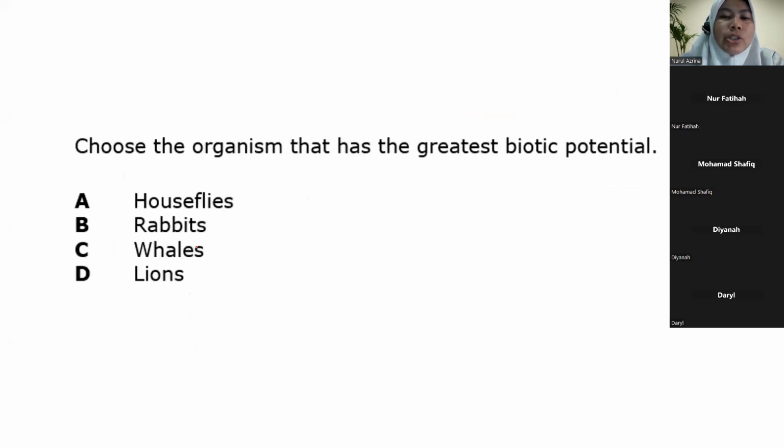Okay, next. Choose the organism that has greatest biotic potential. Ingat, what is biotic potential? Tak apa, you can type your answer if you want to. Kalau tak nak cakap.